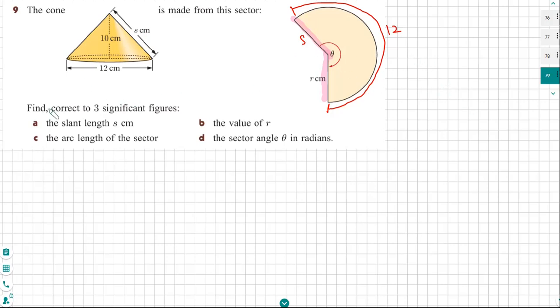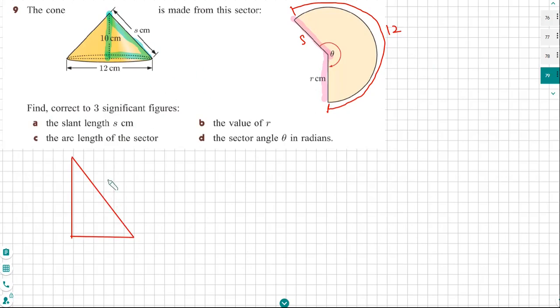Okay. So correct to 3 significant figures, the slant length S. So S is required, so we can find S by using a right angle triangle. I'm mentioning here, this is actually a right angle triangle. Got it? By making this right angle triangle, it's actually part of the cone, obviously.